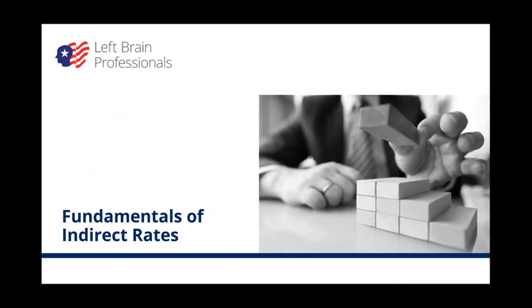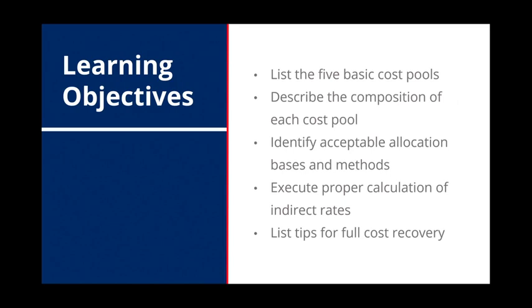We have to be cognizant and compliant with the various cybersecurity requirements. All right, we've got a lot of information to get through today in an hour, so I'm probably going to whiz through parts of it because I want to get to some really key stuff near the end. If I do my job well, at the end of this presentation we'll have achieved these learning objectives: you'll be able to list the 5 basic cost pools, describe the composition of each of those cost pools, identify acceptable allocation bases and methods, execute the proper calculation, and that's one of the things I want to get to because the math in this really is fascinating to me.